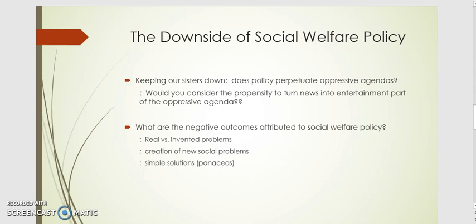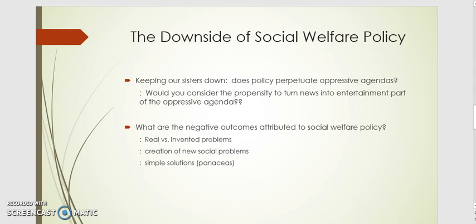So the social conditions that underlie social welfare policy are extremely complex. And the data supporting the contention that something is a problem should be thoroughly examined. I can't say that strongly enough, especially in light of your reading for this week in the Postman book.